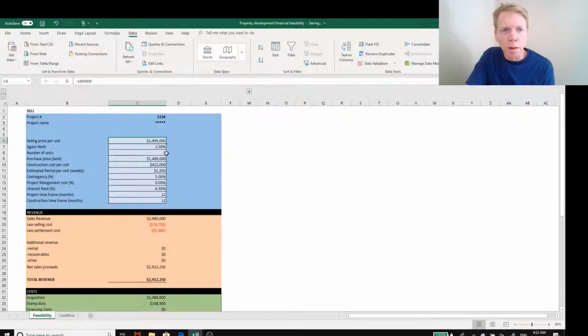This is a very small project, so we'll only be building two units on it, on a corner block. Now the purchase price of the land, which also has a property on it, I've done this down in this instance.